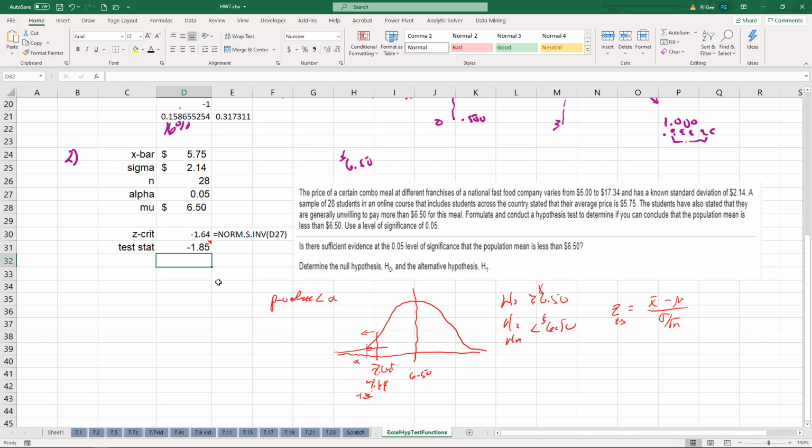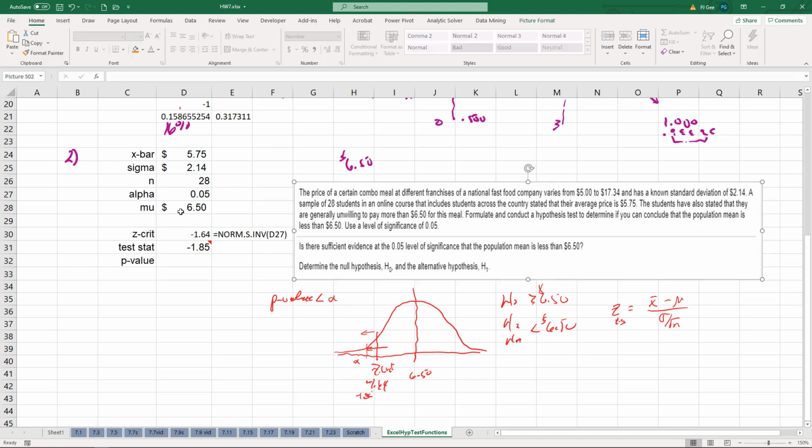Now, likewise, our p-value. Remember what alpha was? Alpha was the area up to the Z crit. Our p-value is the probability up to the test statistic. So how are we going to do that? We need to get the p-value, and all we need to use is the other formula we've been talking about, a related formula.